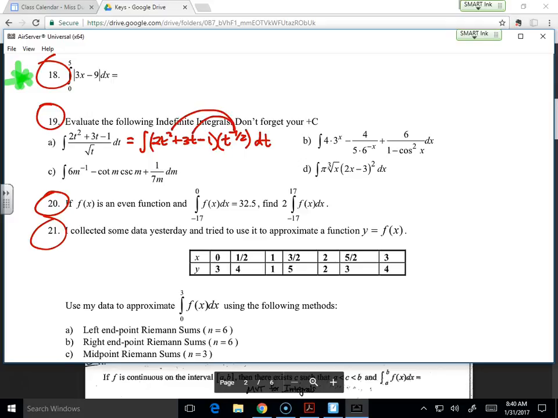Because we can distribute, right? Remember, there is no product rule for integration. You could rewrite it with t to the negative 1/2 and make it something that you can antiderive. Dividing by t to the 1/2 is multiplying by t to the negative 1/2.